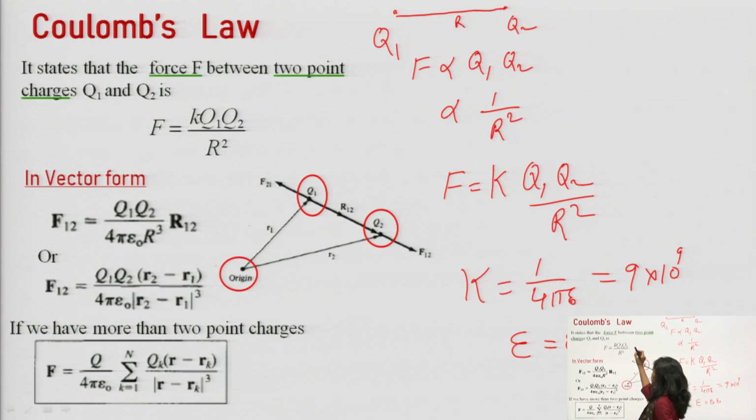Now this is the general formula, but in electrostatics, as force as well as electric field are both vector quantities, we should know how to solve force and electric field in vector terms. So how do we represent this force in vector form?